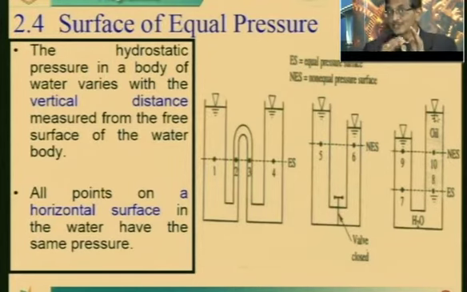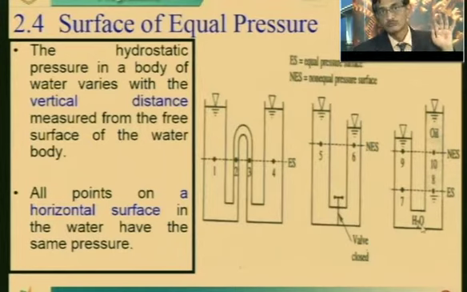It means the liquid is changing. As far as the pressure at 7 and 8 is concerned, it is the same because it is the same H2O. Pressure at 7 and 8 are the same, but pressure at 9 and 10 is changing. Why? Because the liquid is not the same, and even the head is not the same.